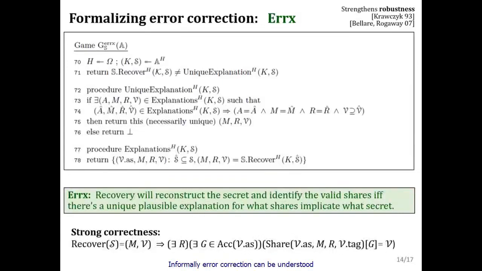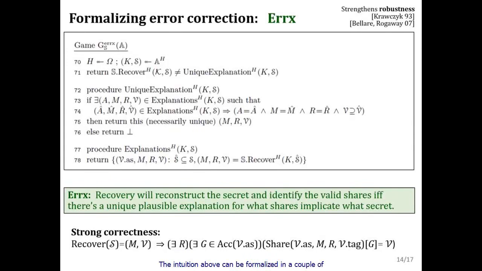Informally, error correction can be understood as an exercise in explanation seeking. If one can explain the set of shares that is provided to recover in some one unique way, that a particular subset of shares are valid and implicate M, while the rest are invalid, then you are obligated to find and provide that unique explanation. If there is no such unique explanation, then we demand that recover say that, returning an indication of invalidity.